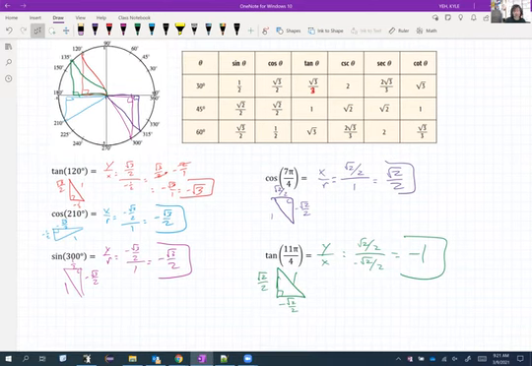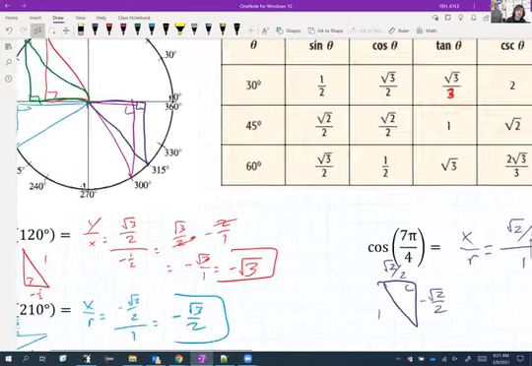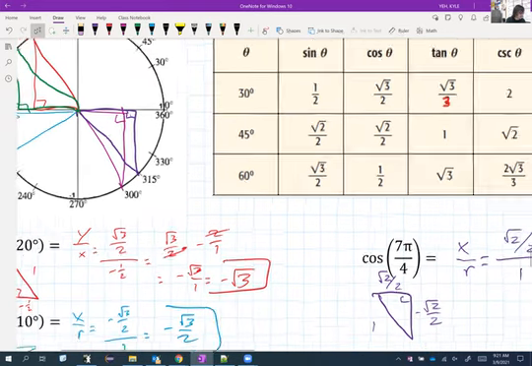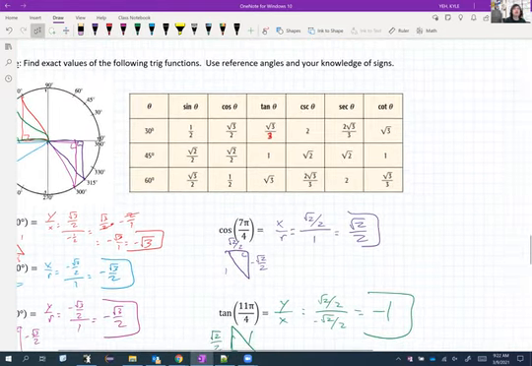A couple in radians, just for good measure, cosine of 7 pi over 4. So maybe the hardest part was figuring out where is 7 pi over 4. And I drew it in dark purple here on my graph. It's the same as 315 degrees. We've seen equations for converting, but 315 degrees is 45 away from 360.